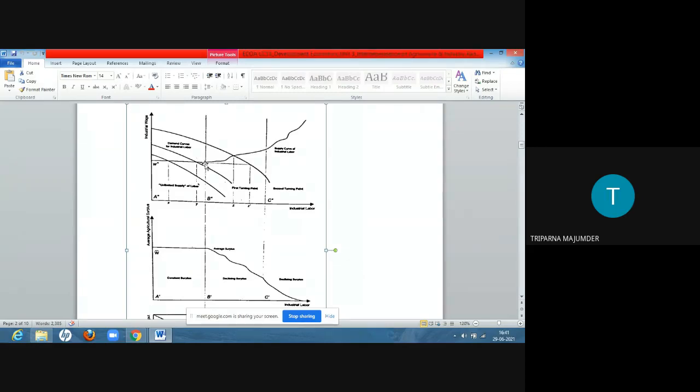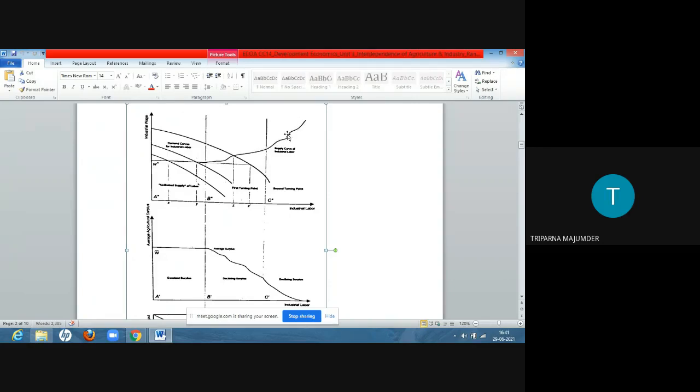So this is our first turning point, and this is our second turning point. So this completes the construction of the supply curve. Here, first horizontal, then somewhat steep, then a sharp rise.